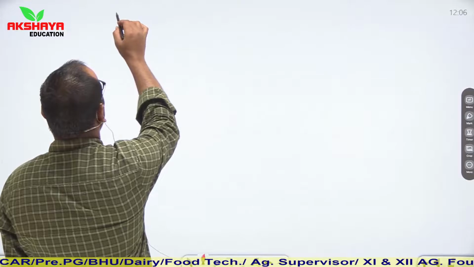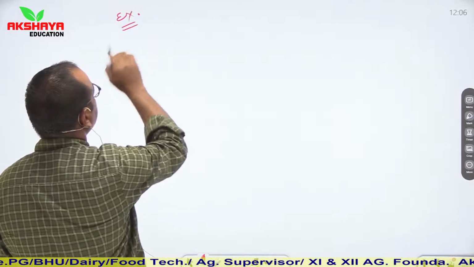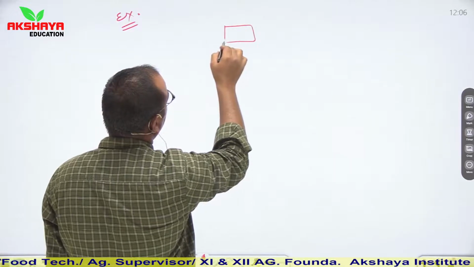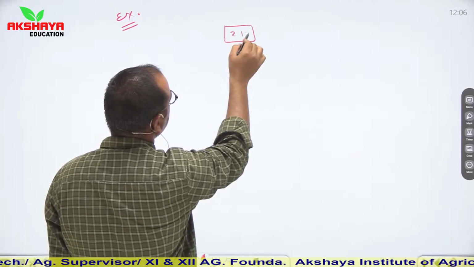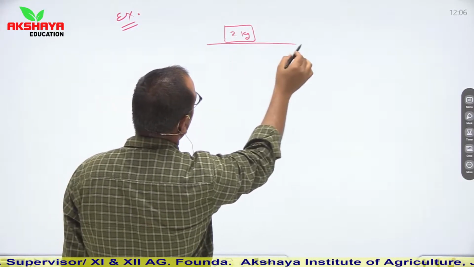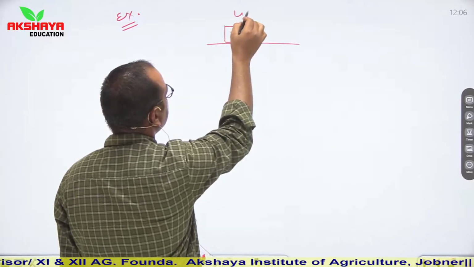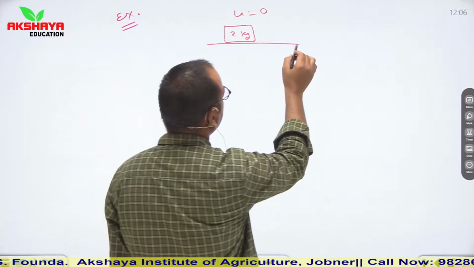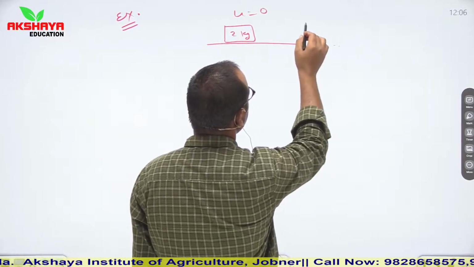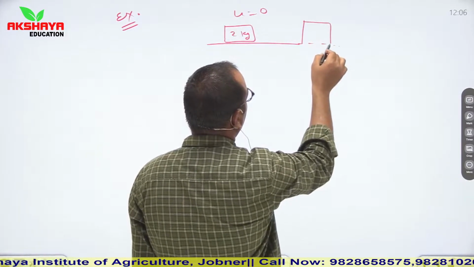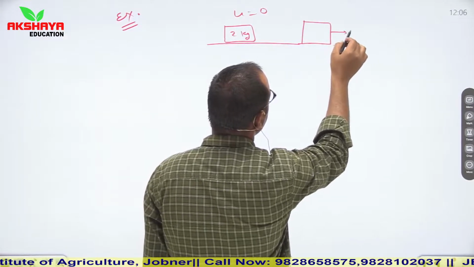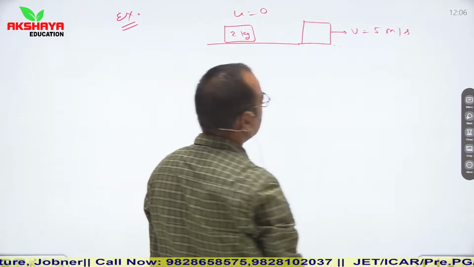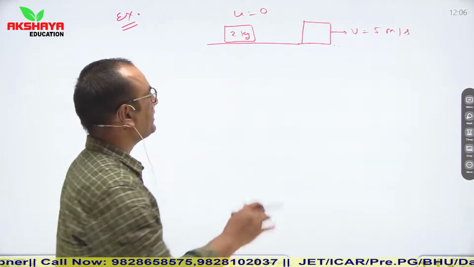In this example, we are considering an object of mass 2 kg which is initially at rest, and after traveling a certain distance its velocity becomes 5 meter per second.